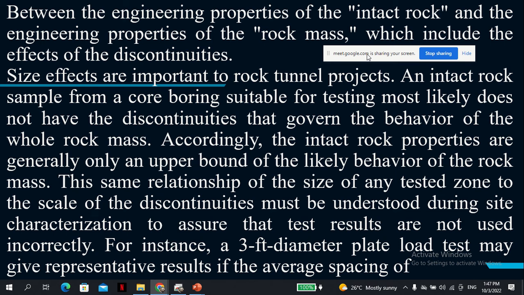At the end of the day, all you're looking for is to be able to completely describe the behavior of the rock mass, rather than the behavior of intact rock.